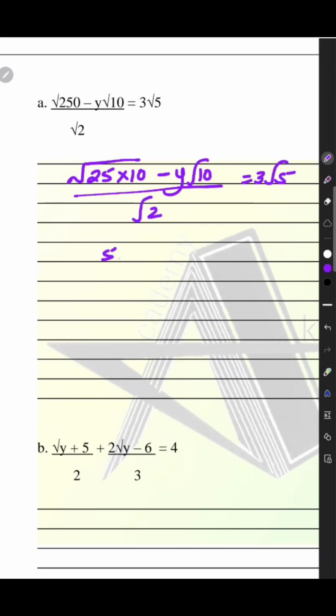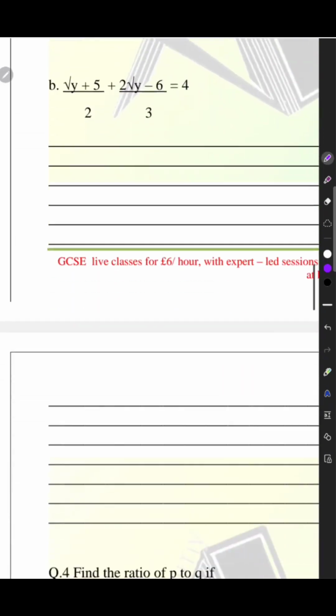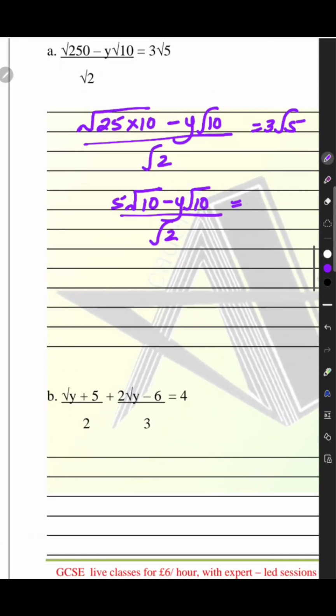So this will be 5 root 10 minus y root 10 over root 2 is equal to 3 root 5. Now I can take out root 10 as common.